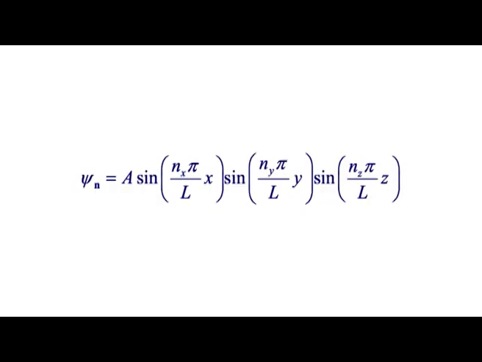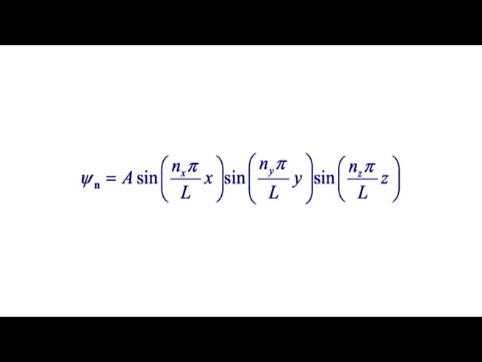If you assume a cube of side L, we again assume a standing wave solution, because we are in a 3-dimensional box, and the solution will be psi n of r equal to a sin(n x pi x by L) into sin(n y pi y by L) into sin(n z pi z by L).